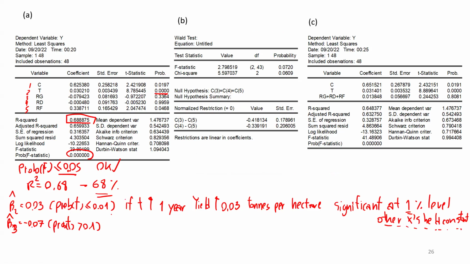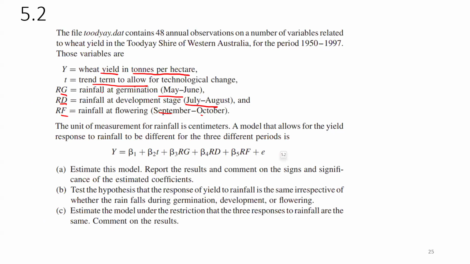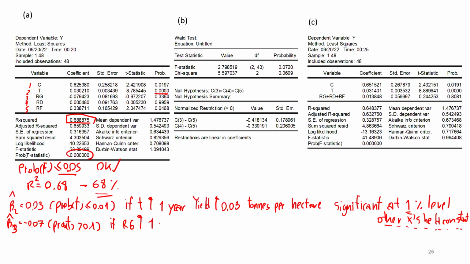So it means if the rainfall increases 1 unit, they don't give us the unit of rainfall, but yield decreases.